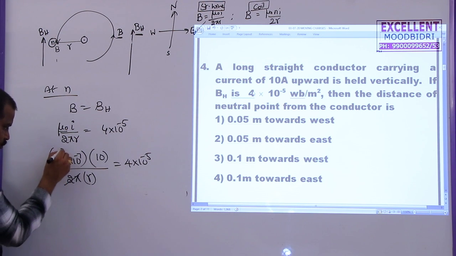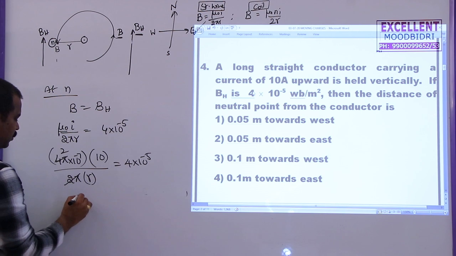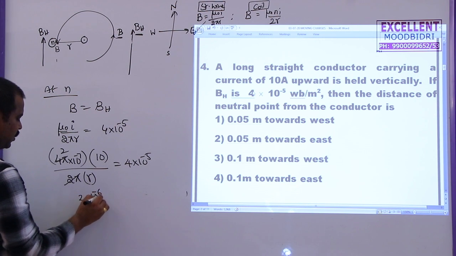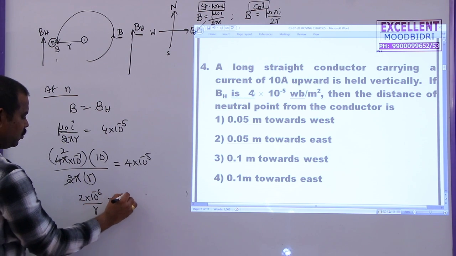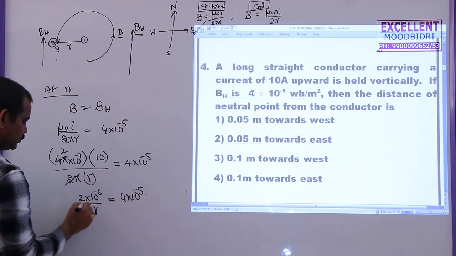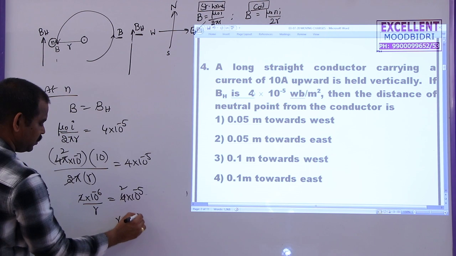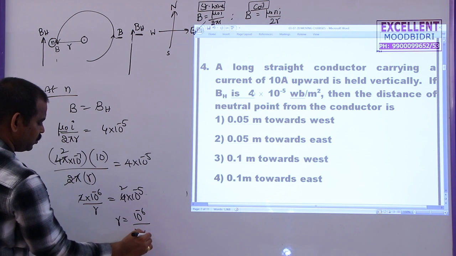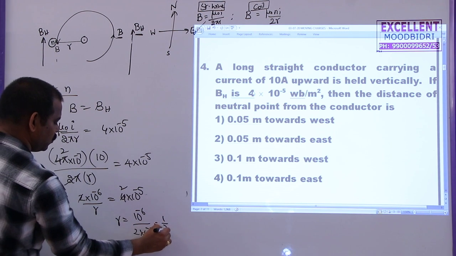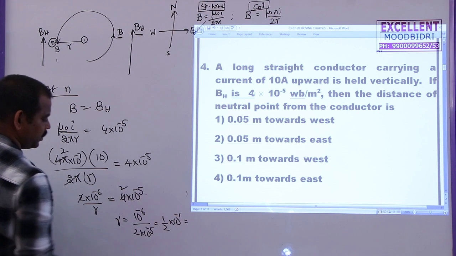This will be 4 into 10 power minus 5. 2 pi and 2 pi cancel. This will be 2 into 10 power minus 6 by r is equal to 4 into 10 power minus 5, 2 ones and 2 twos. So r value will be 10 power minus 6 by 2 into 10 power minus 5, that is 1 by 2 into 10 power minus 1.